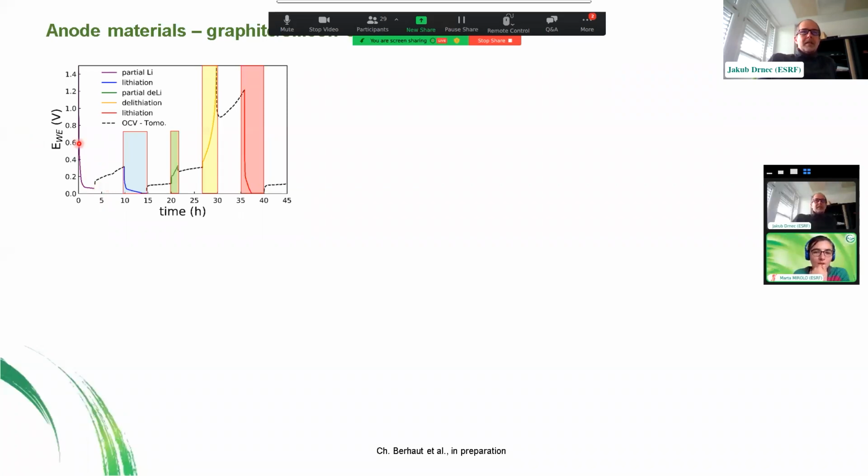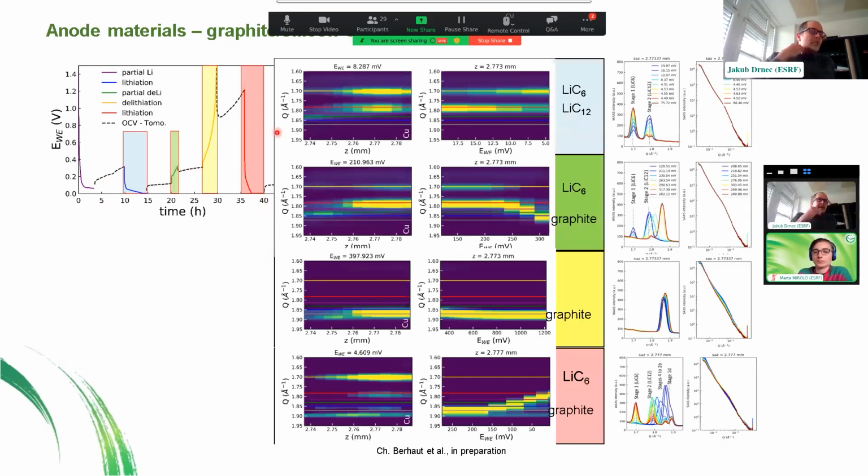Here you can see that we charge the material a little bit. So we're charging the battery, moving the lithium in. Then we do the measurement. Then we move more lithium in, then do the measurement, lithium out, discharge, discharge, and again charge. Again, we can look at the actual interatomic distance in the XRD pattern of the graphene sheets, because this is where the lithium intercalates between the graphene sheets in graphite.